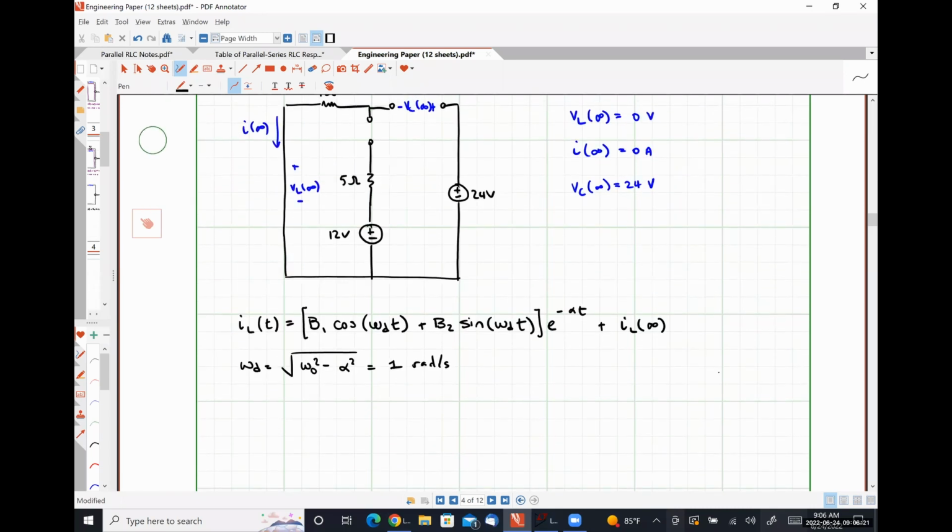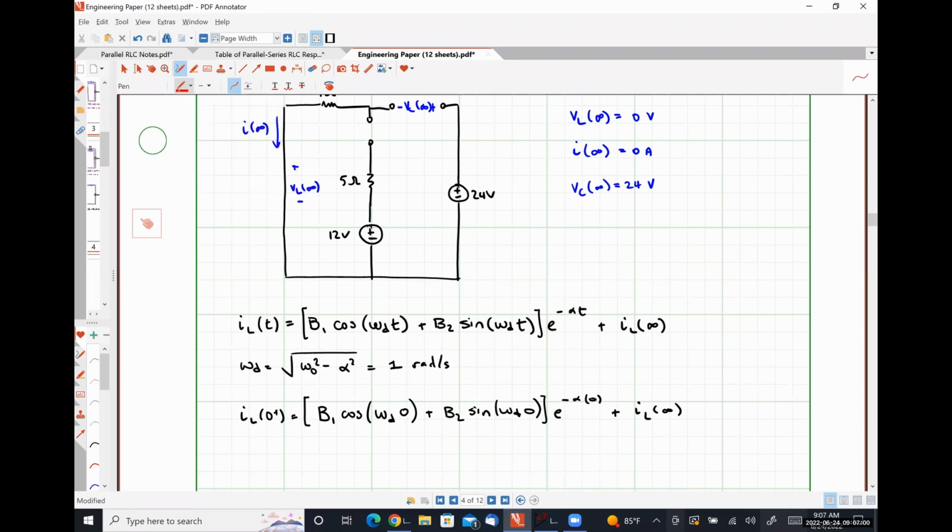All right, so at t equals 0 plus, we will have IL of 0 plus equal to B1 cosine omega d times 0, plus B2 sine omega d times 0, times e to the negative alpha times 0, plus IL at infinity.